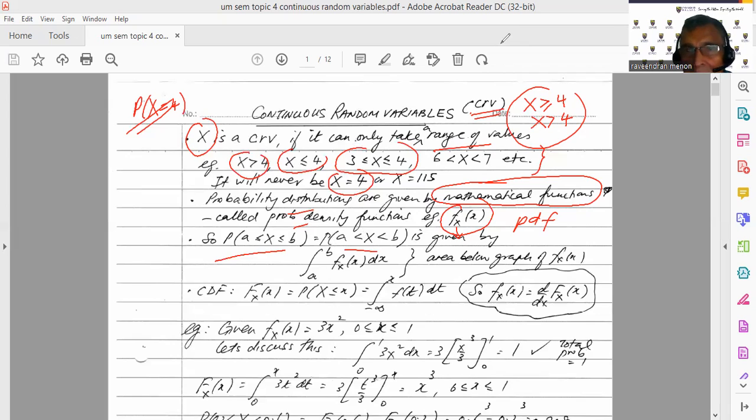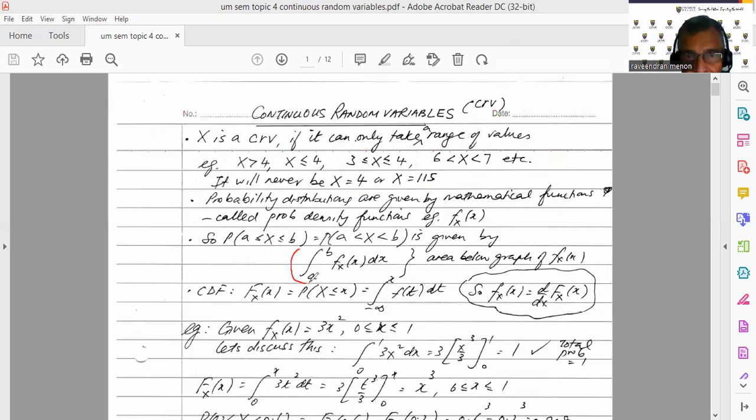You integrate f of x with respect to x, taking the limits going from a to b. From our calculus days, we know that this is the area below the graph. So if you have f of x this way, and we have a and b here, this will be the area under the graph.